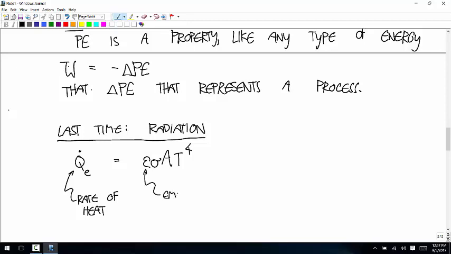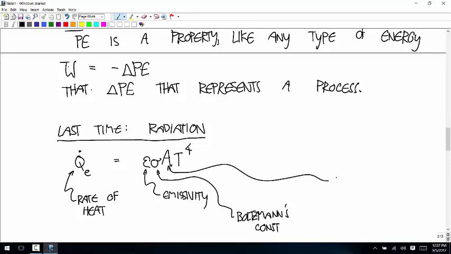This is the emissivity. This is Boltzmann's constant. That's a universal constant. And then A is the surface area that's exchanging heat. And then this is the temperature in some absolute scale.